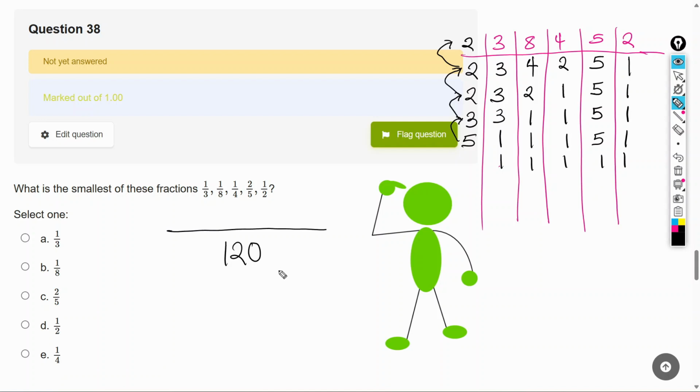Now, to compare them, we use our denominators to divide, and then the answer we get, we use to multiply the numerator. So 3 into 120, we can simply do 3 into 12 and include the 0. 3 into 12 is 4, and then we include the 0, so that's 40. 8 into 120: 8 into 12 is 1, remainder 4. 8 into 40 is 5.